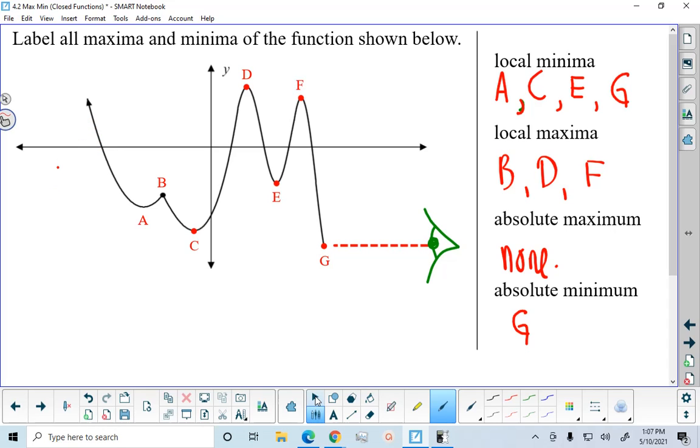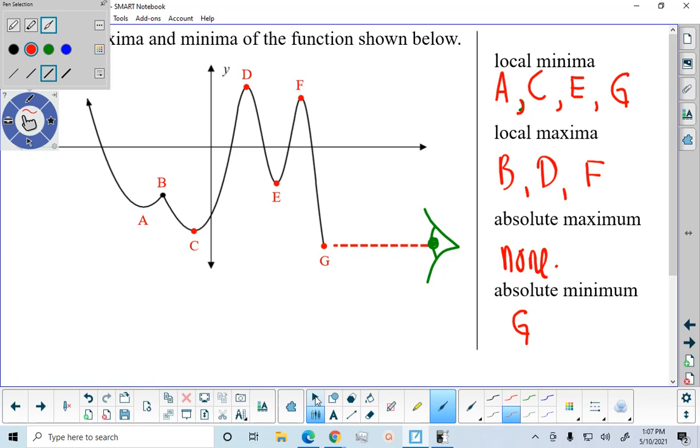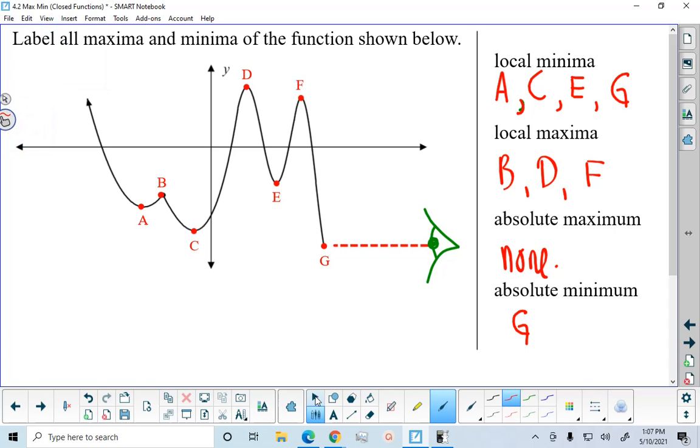All right, I do want to point something out to you here. If you look at all of those red points, and we're going to talk in detail about this in a second, but it's crucial to what we're learning today. At all of those red points, the derivative is either equal to 0 or the derivative is undefined.